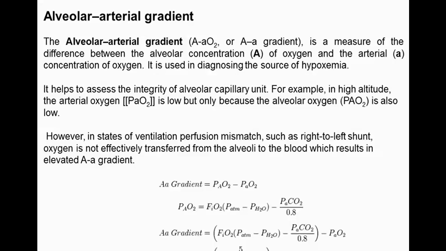Then in our alveoli, there is active movement also. What is the pressure gradient? The active movement creates a negative pressure that becomes a pressure gradient. And in our alveoli, the PCO2 is about 40, so the pressure of oxygen will be lesser.